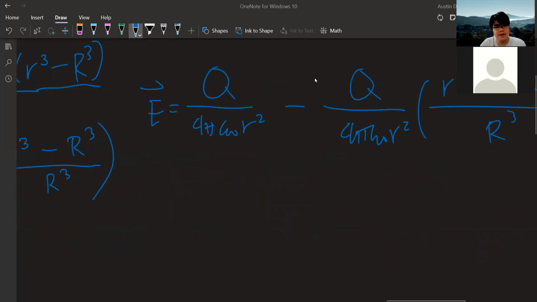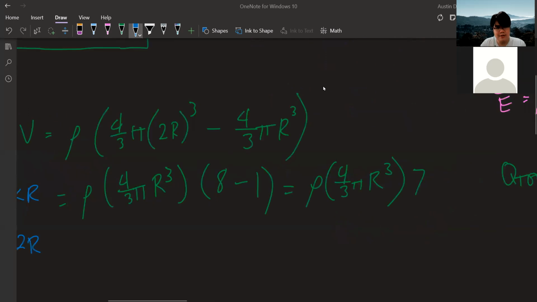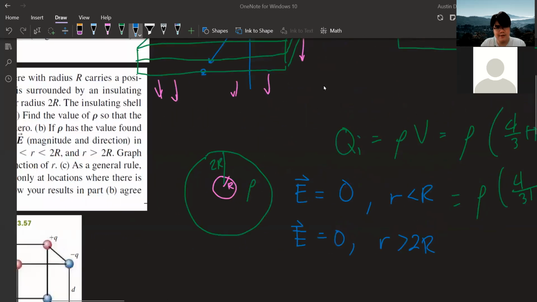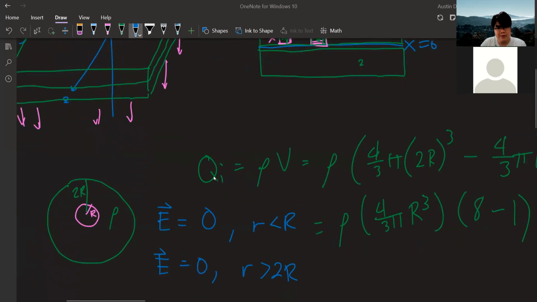Okay. Someone asked to repeat how we got rho. Let's go back. Getting rho is related to getting the whole total charge.